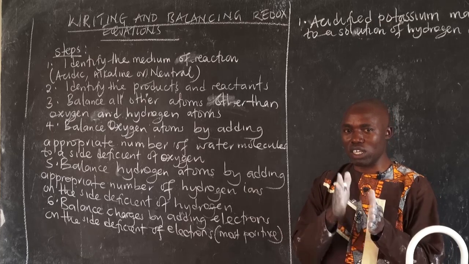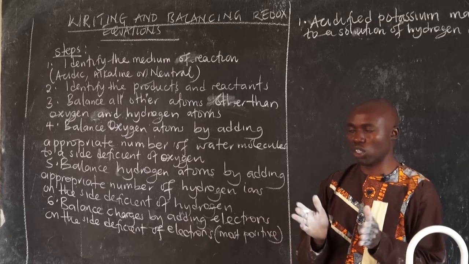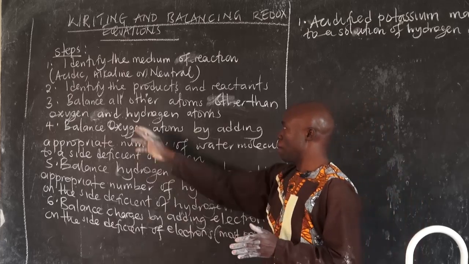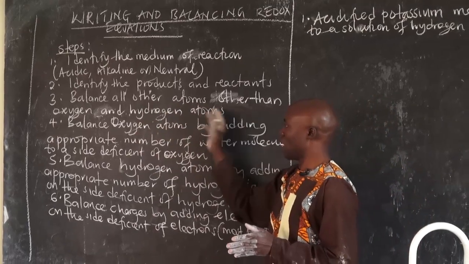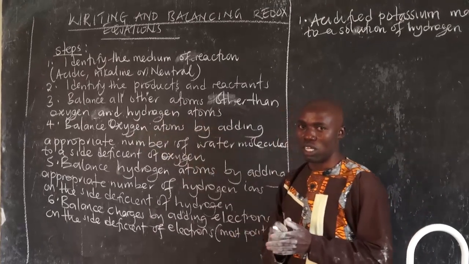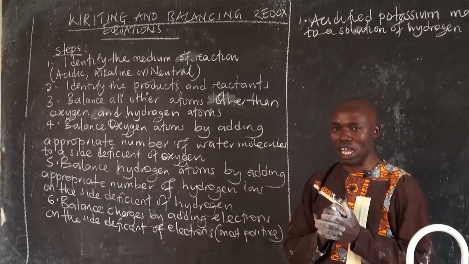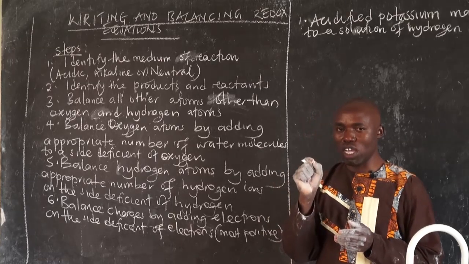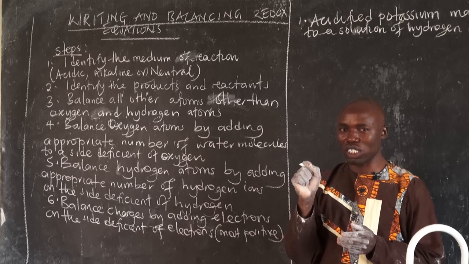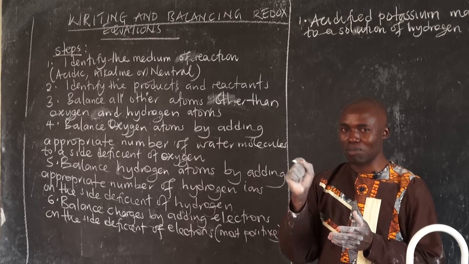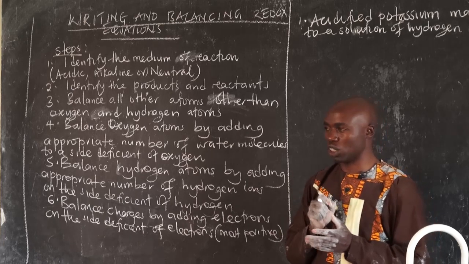So look for the oxidation products and the reduction products. Step 3, balance all other atoms other than oxygen and hydrogen atoms. When you are balancing a half equation, don't try to balance oxygen or hydrogen yet. Just balance anything except oxygen or hydrogen.